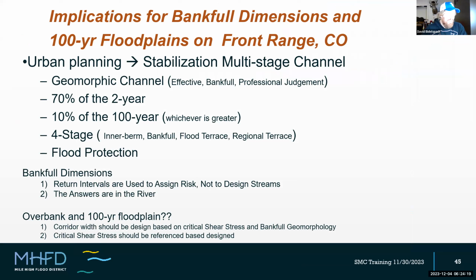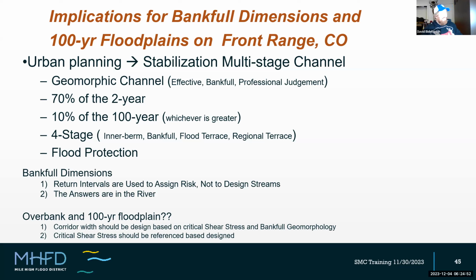It just has to be eligible for maintenance eligibility, and Mile High Flood District will take over that long-term stewardship and maintenance. So it's a really neat program, and it actually provides for the conservation and restoration of ephemeral and intermittent channels at times, because if Mile High Flood District says, hey, we'll take on long-term maintenance and stewardship of that waterway, then it doesn't really matter if it's ephemeral or intermittent.